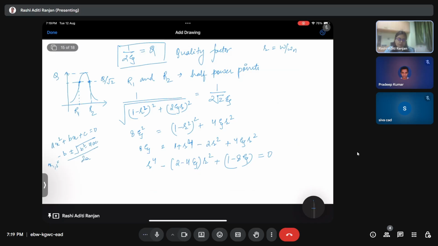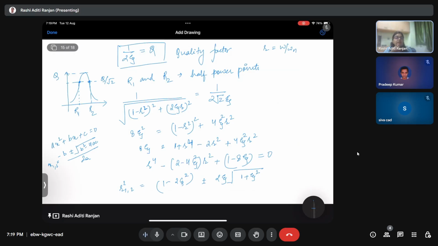So using this, we can write R² equals 1 − 2η², okay, here should be an η², right? Yeah, 1 − 2η² ± 2η into (1 + η²).